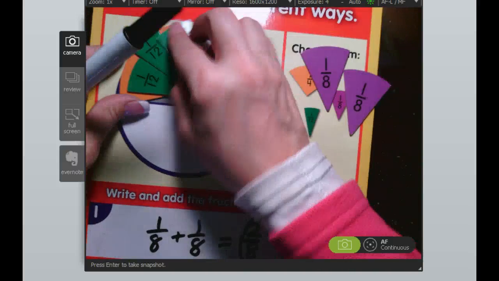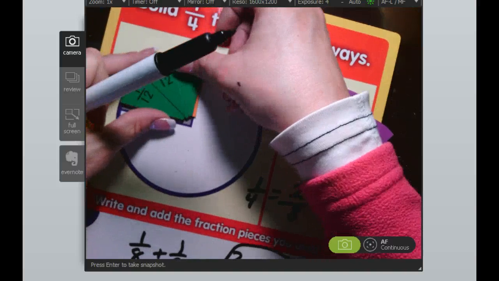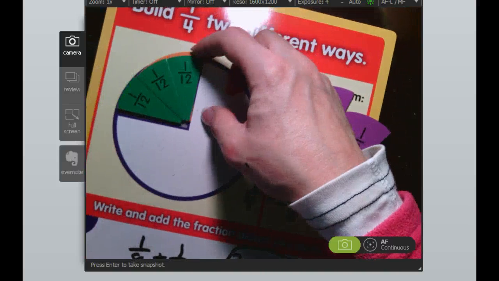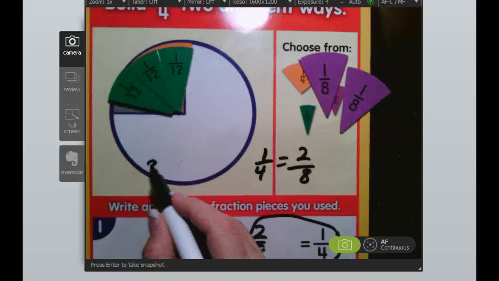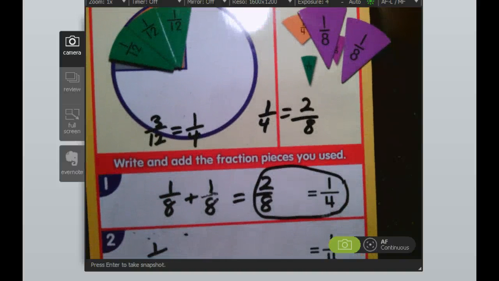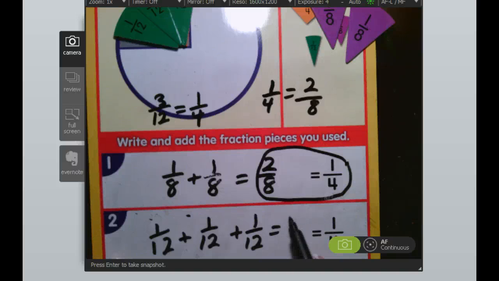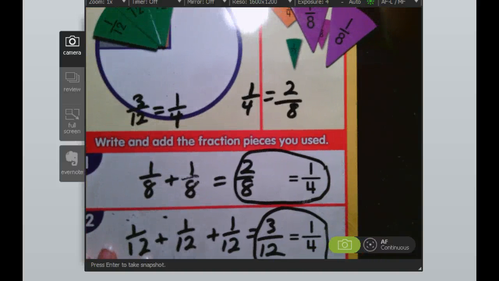I'll lay 3 twelfths on top, and you can see they are all the same size in the end. So it took 3 twelfths to equal 1/4. 1/12 plus 1/12 plus 1/12 equals 3 twelfths. That is the same as 1/4.